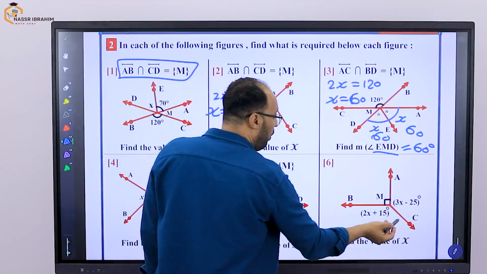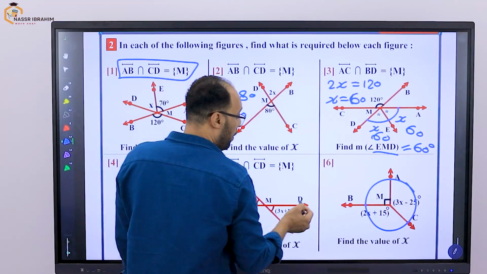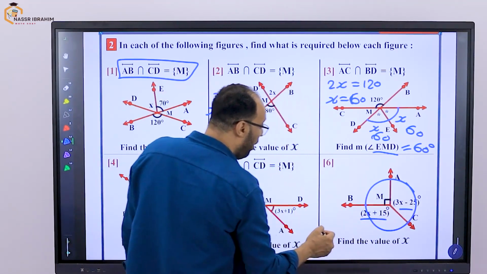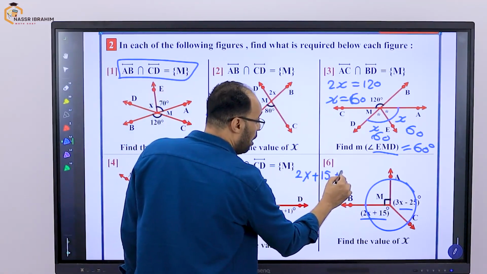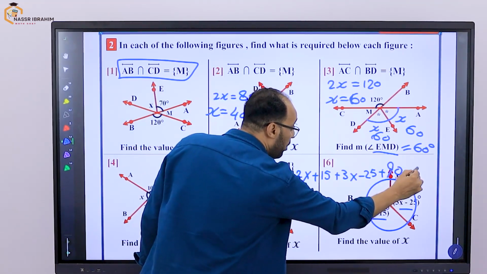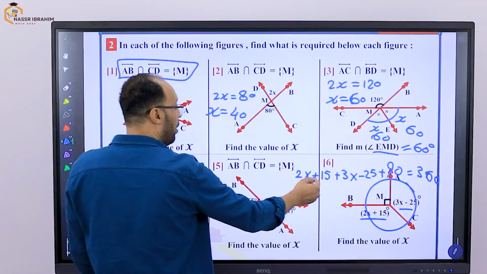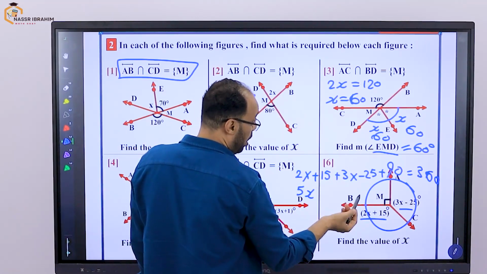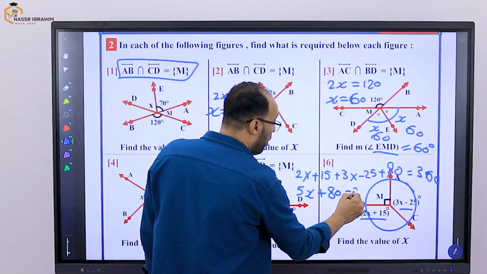But in this one, you will find that they are around the point. So we will add 2x plus 15 plus 3x minus 25 plus 90 equals 360, because they are around the point. 2x plus 3x will be 5x. 15 minus 25 plus 90, it will be negative 10 plus 90, it will be 80, equal 360.